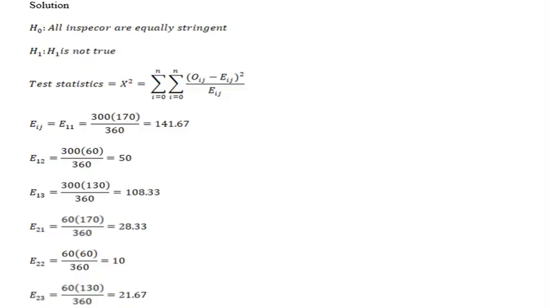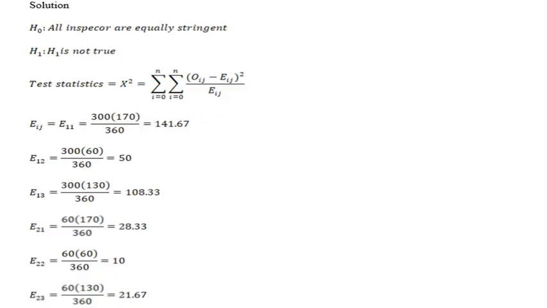Now, to estimate our expected frequency, which is our Eij. Eij, for E11, means row 1 column 1. Then what is the row total? The row total for row 1 is 300, while the column total for column 1 is 170.